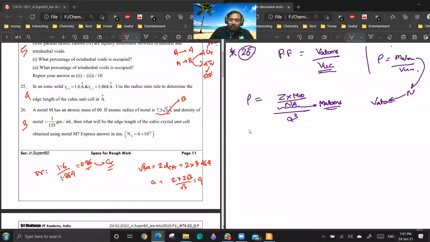Okay. So this is basically representing the mass of the atoms. So if mass of atoms is this, then what is the number of atoms? Number of atoms will be what? So it will be basically rho by MW.